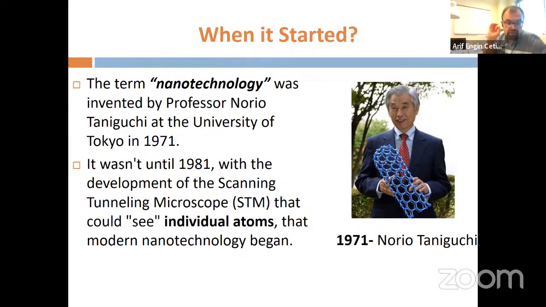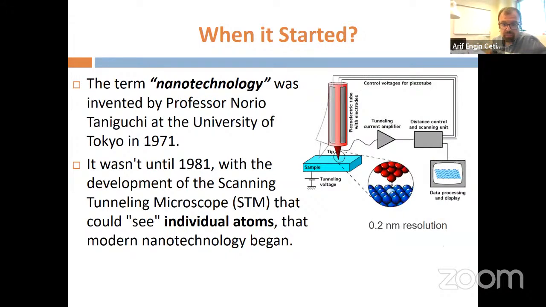But with the invention of the STM, we could really see what's going on in the nanometer scale. This technology has a tip that could almost touch the nanomaterial, and the interaction between that nanomaterial and the tip or probe of this technology could give you the surface roughness of a material.